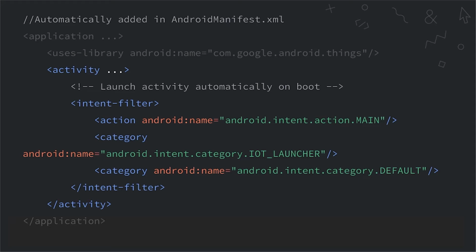This states to the device that this is the launcher activity for the whole Android Things device. You need to add this if you haven't already done it through the normal Android Things create new project process. What this will do is, say your device reboots, it'll automatically start up this activity by default.